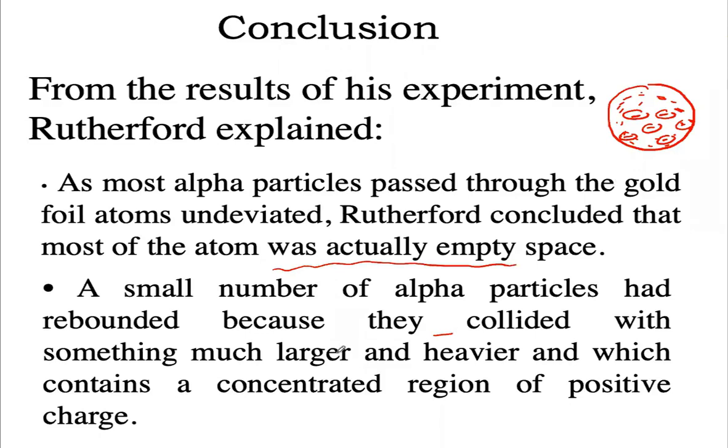So he suggested that some sort of concentrated body exists at the center of the atom, and that's why these alpha particles are rebounded when they are shot right at the center of the atom.